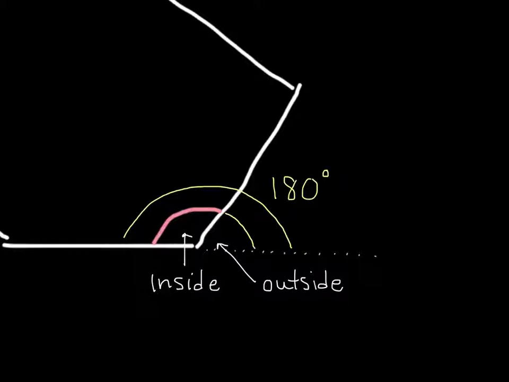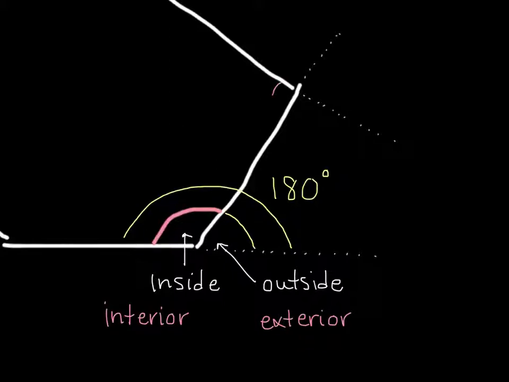Now those inside angles we're going to call interior, and as you may guess, we're going to call these exterior angles. And we say that there's one each. So for this vertex up here, I could extend this line here and make that, or I could extend that line there and make that.